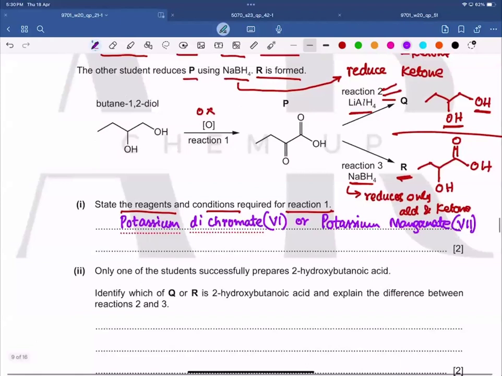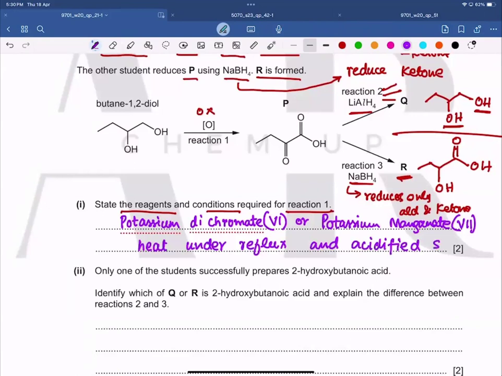And then you have to write the conditions. The condition would be heat under reflux to get carboxylic acid and ketone. And the other condition is the medium which we need for the oxidation, and that is the acidic solution. So you will write over here acidified solution.